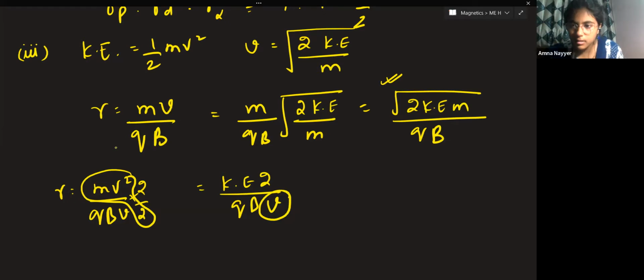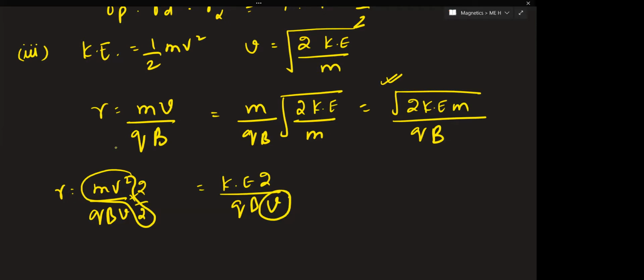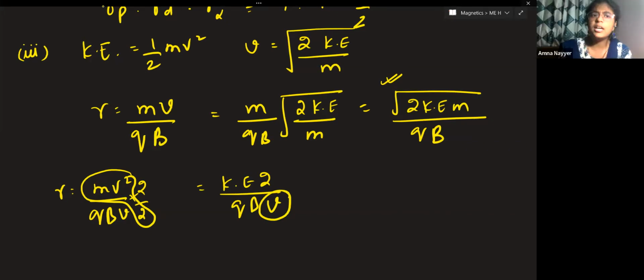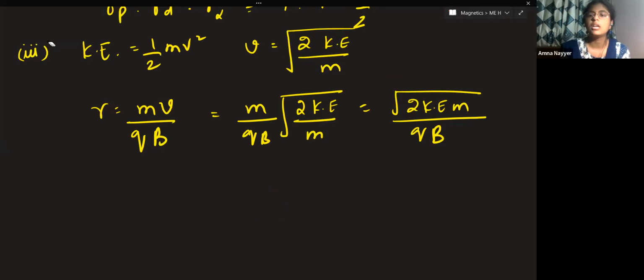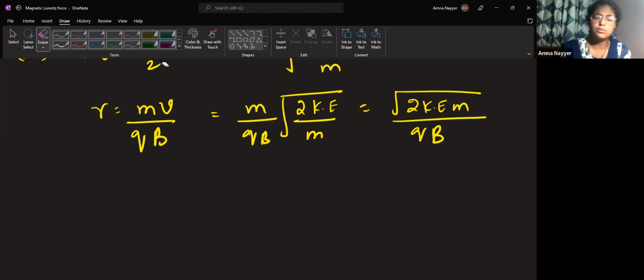Got it, Fahad? This was what you were asking? Yes, ma'am. All right. Otherwise, it's better if you people try to find out the formula in the radius, the way Fahad is mentioning right now. But if it is not possible, then definitely you have to do the substitution method only, the way we have done it, because velocity will be additional.